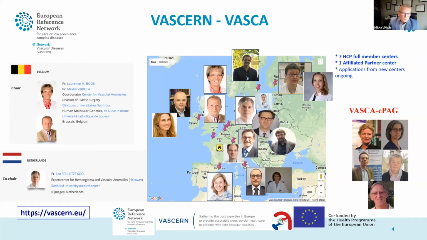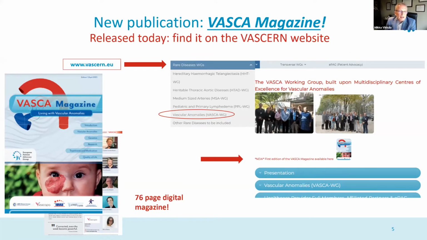And as you heard from Natasha, the VASCERN.eu website has most of the information that we have already published or are producing. So if you are interested in it, go to that website and try to find information from there. And there you also find a link to contact the group, for example, Natasha. Today also the EPAG group has a special day.